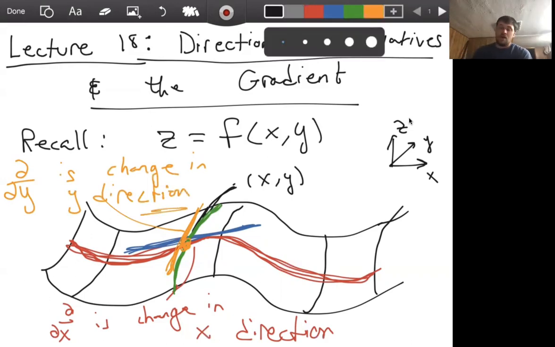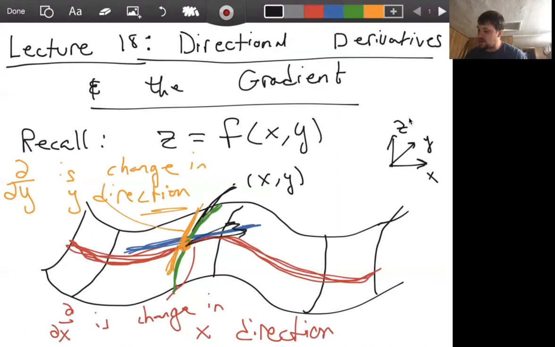But you'll notice, because we are on a surface, there are an infinite number of directions that we could want to observe the change of the surface, right?